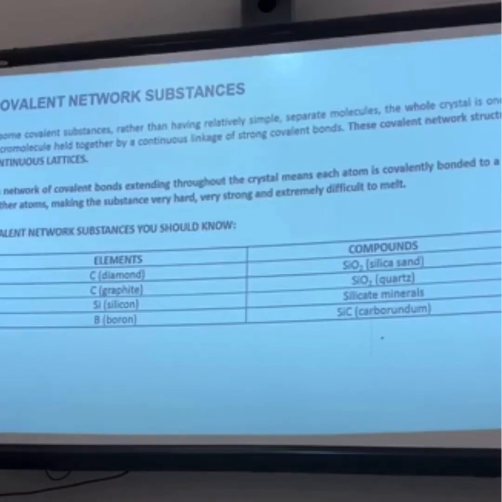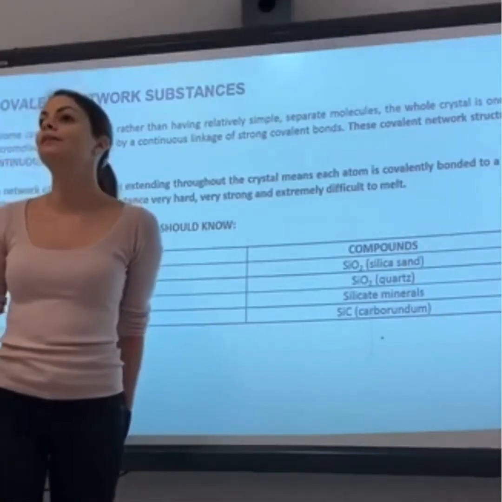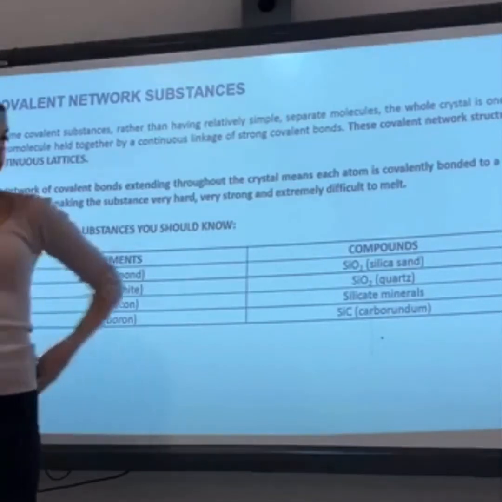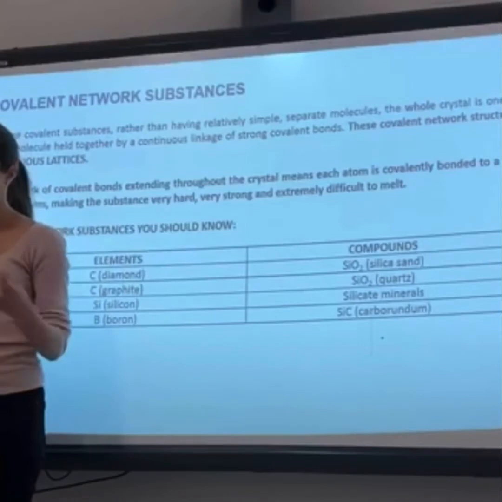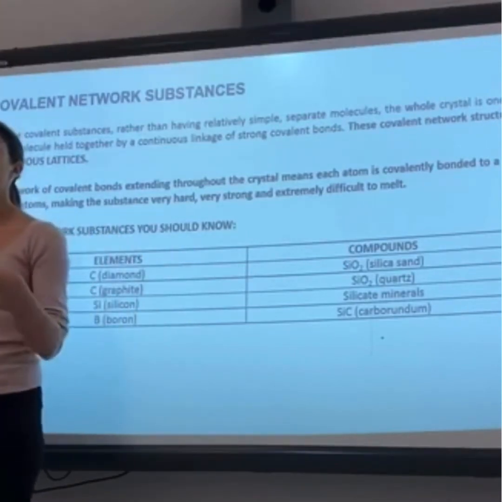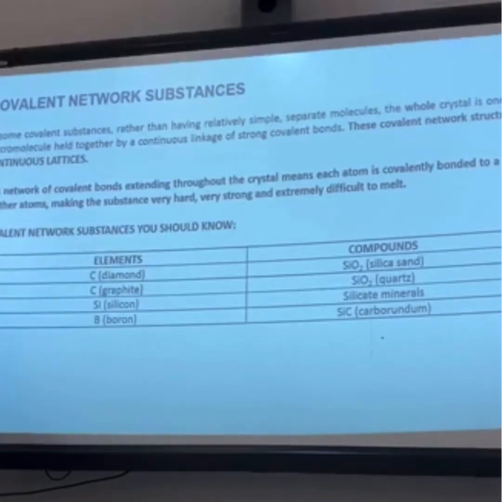So, we know that covalent bonds are really, really strong, right? Covalent molecular substances have weak forces between the molecules. But then we also get these substances that are made up of just covalent bonds throughout the whole substance.